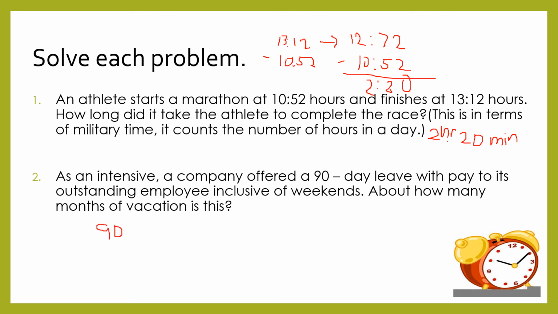So 90 days. No? So we know that there are 30 days in a month. Then multiply the unit fraction, that we know there are 30 days in 1 month. So 1 month is equal to 30 days.